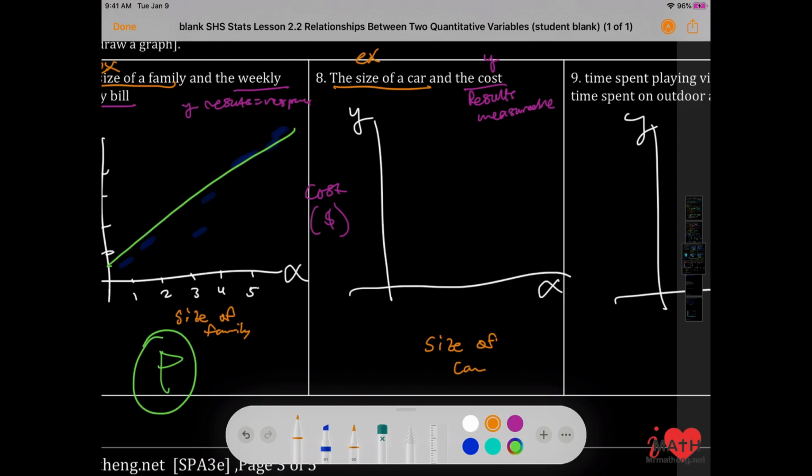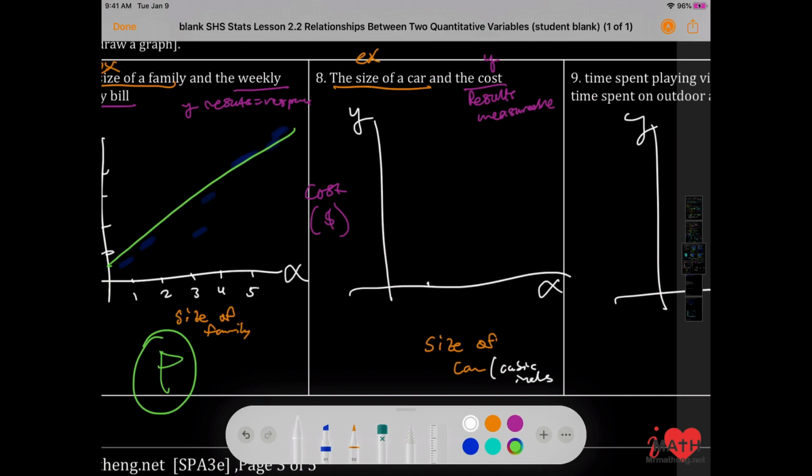And how do you measure size of car? You could do like compact, sedan, bigger SUV, but they also could just do it by, I don't know, cubic amount of space. So let's call this cubic inches.